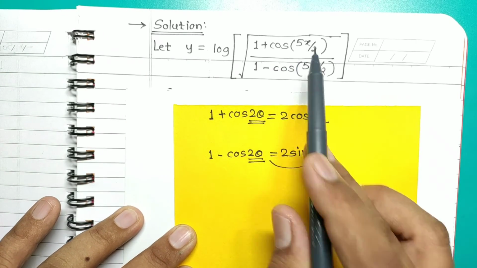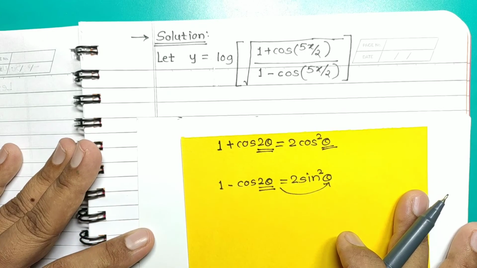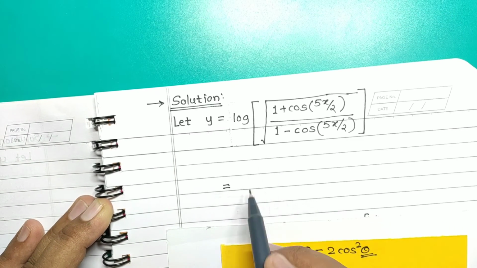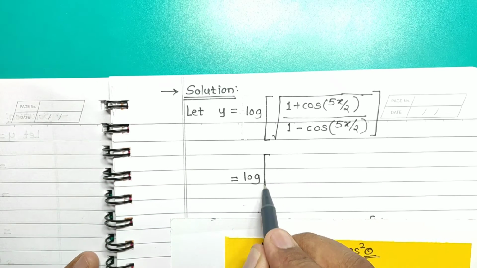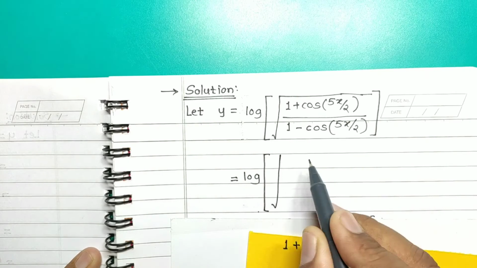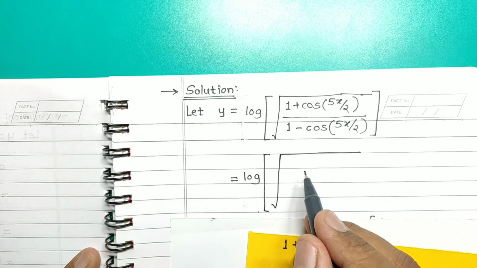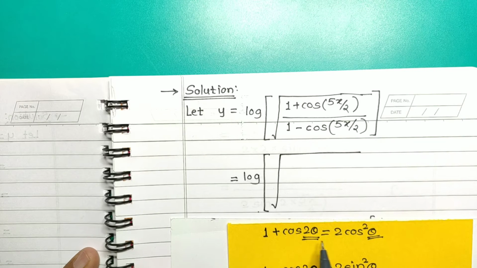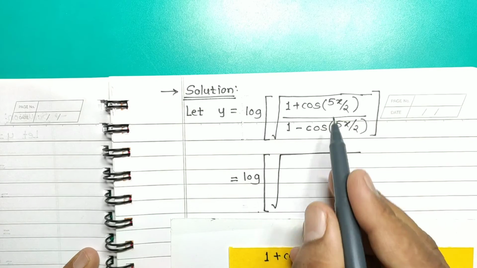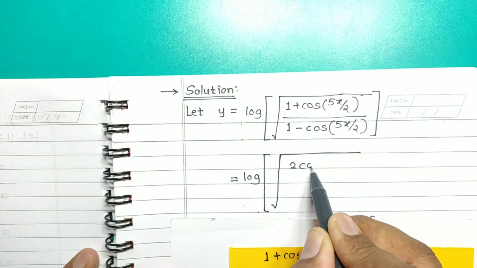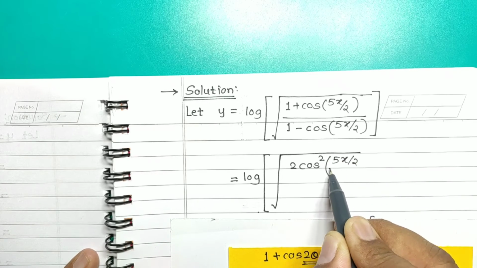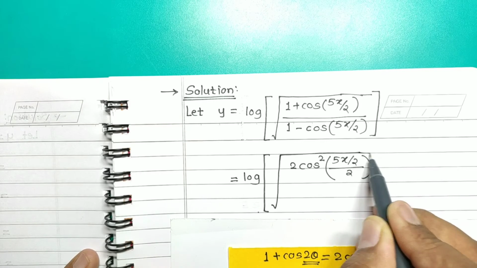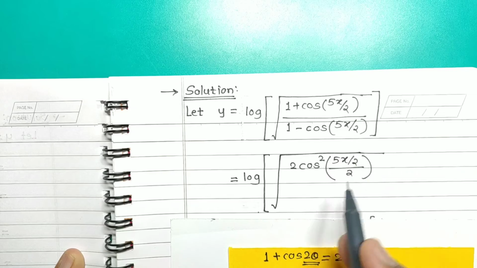So here the conversion is going to be like this: we can write this as log of square root of, and we are going to convert this 1 plus cos term. Using the result 1 plus cos 2 theta is equal to 2 cos square theta, we can write 1 plus cos as 2 into cos square of pi x upon 2 upon 2. In the conversion the angle is going to become half.